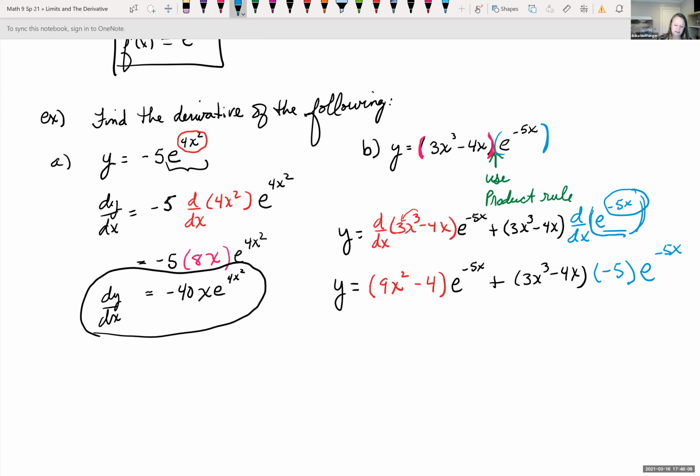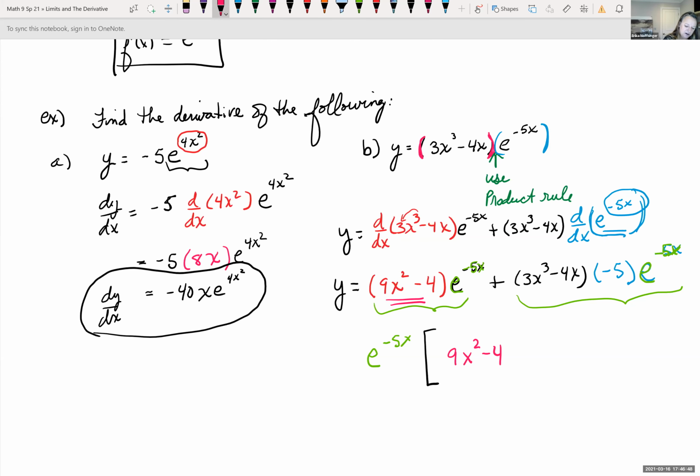Okay, so looking at this, I notice I can pull what they have in common out front. Notice that we have this e to the negative 5x in here for the first grouping, and we have this e to the negative 5x over here with the second grouping. So if we pull out that e to the negative 5x piece, you would just be left with, for that first grouping, the 9x squared minus 4.